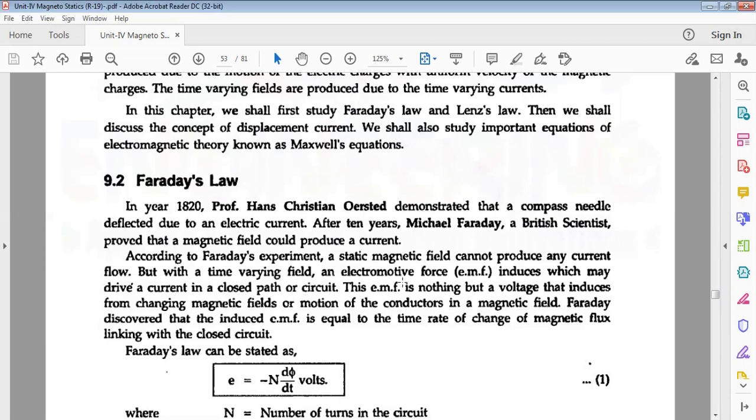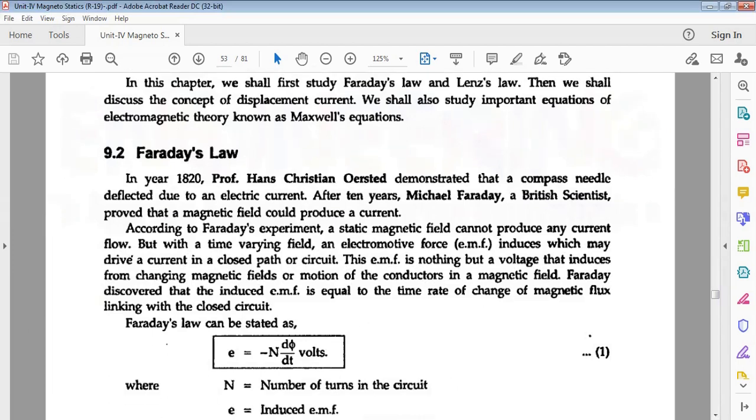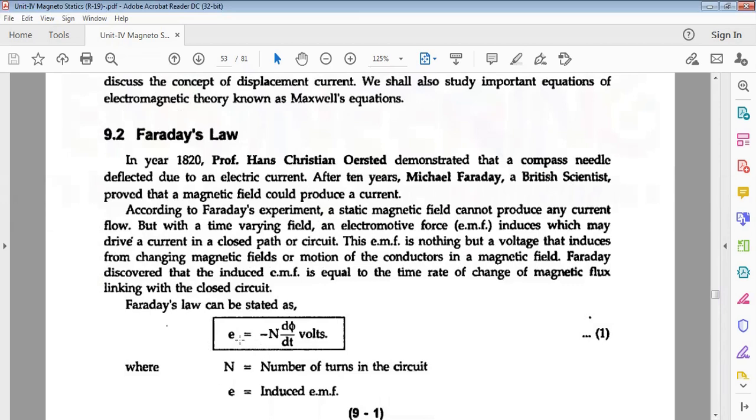This EMF is nothing but a voltage that is induced from changing magnetic fields or motion of conductors in a magnetic field.